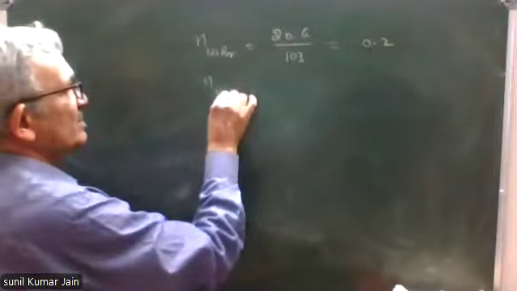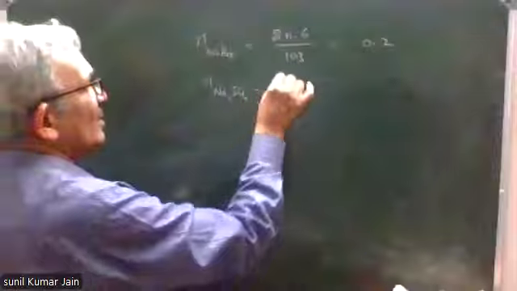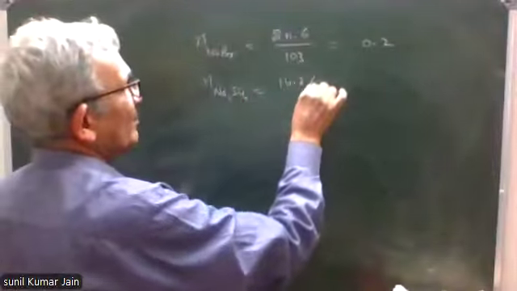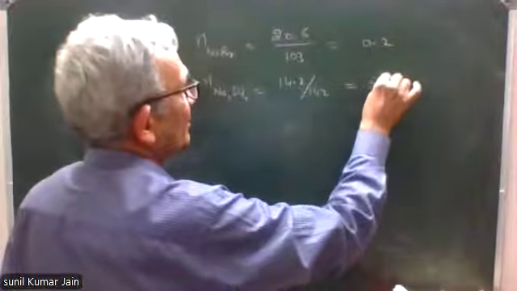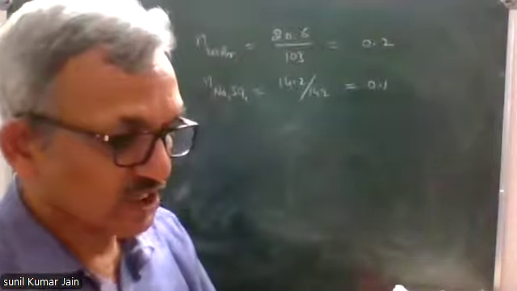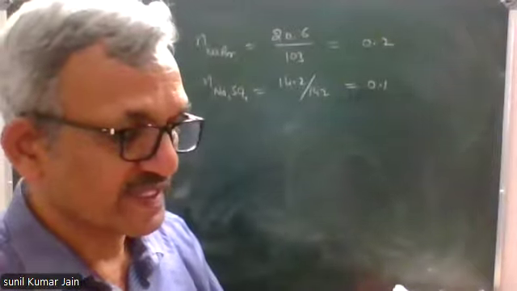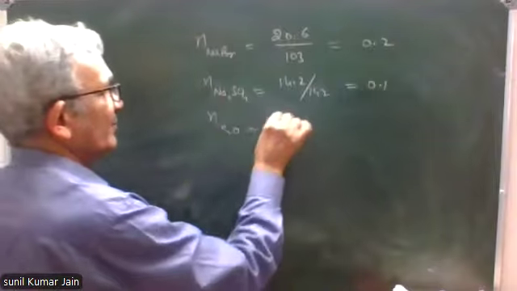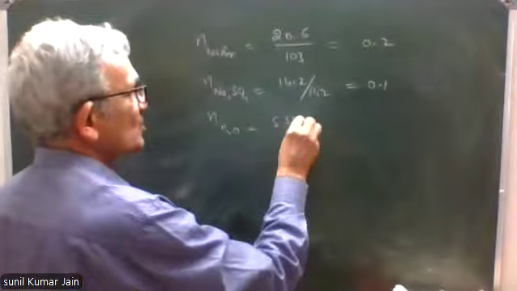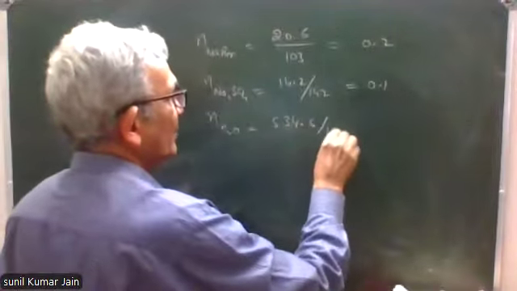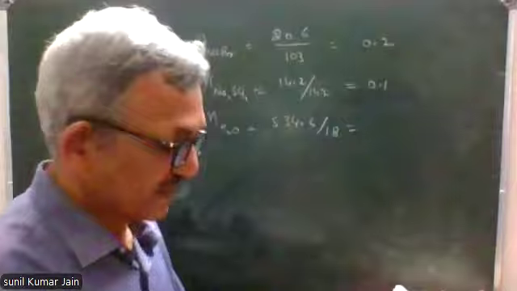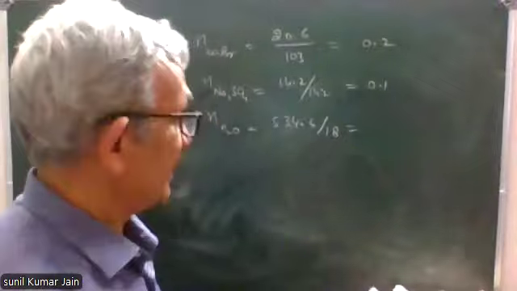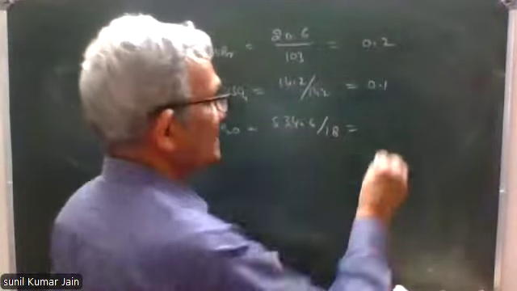Number of moles of sodium sulfate will be 14.2 divided by molecular weight, 0.1, dissolved in 534.6 grams of water. Number of moles of water will be 534.6 divided by molecular weight 18. I'll tell you this will come out to 29.7.